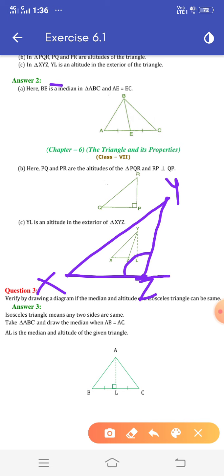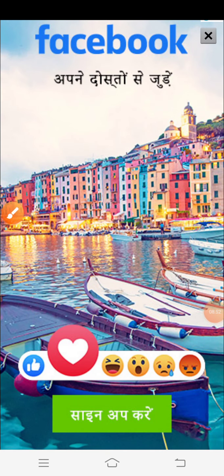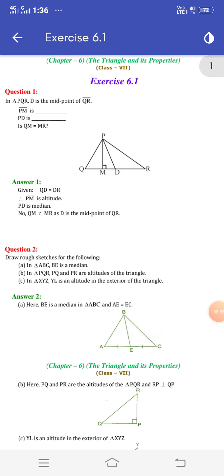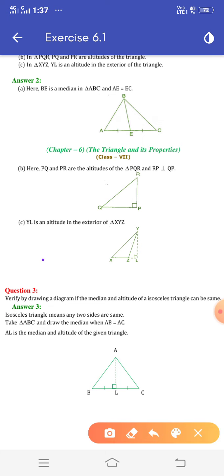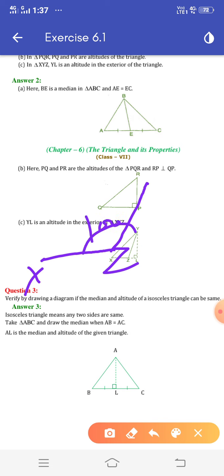So mark this. From Y you can make an angle of 90 degrees. Where did it go, sorry. Here we had drawn the line XZ, and made an angle of 100 degrees and then marked it Y. And draw an altitude on this, from Y. For the altitude you can draw a 90 degree angle.